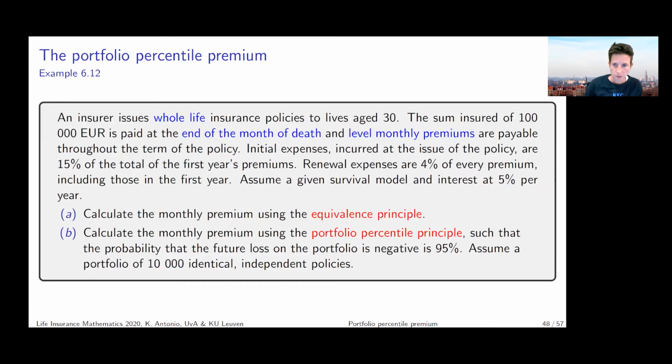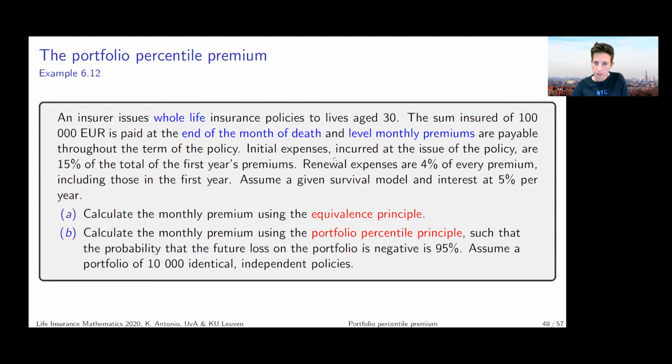All right, so let's try this example. So we're here looking at whole life insurance contracts issued to lives age 30. The sum insured is 100,000. It's payable at the end of the month of death. We have level monthly premiums payable throughout the term of the policy.